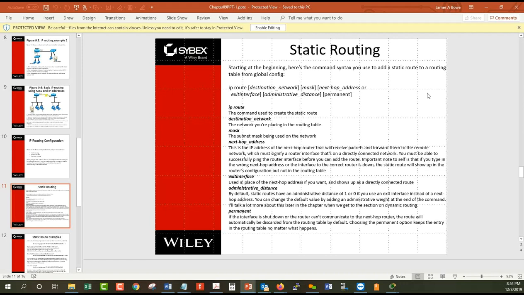And then we have the administrative distance, and we said that different routing protocols or different definitions have different administrative distances. The lower the administrative distance, the more relied upon that particular route is. So the router will look at any directly connected network, okay?